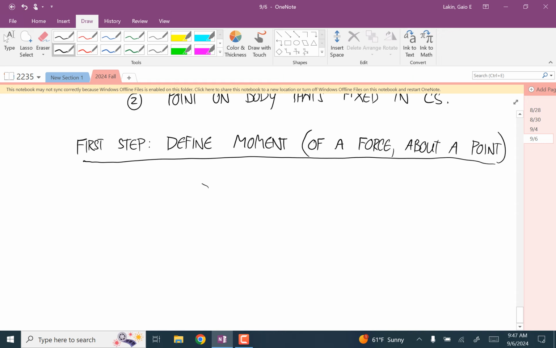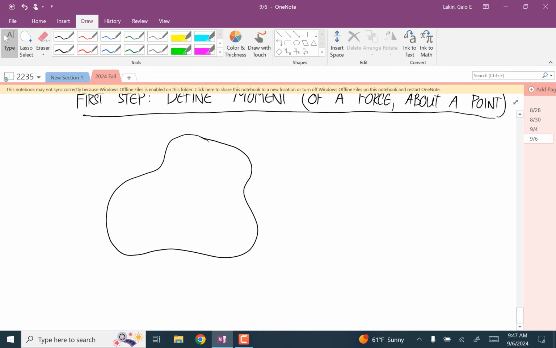Okay, so let's think of a general body. And let's say that our about point is A. So A is the coordinates of that point. It's also a vector that goes from the origin to the point. And we have a force applied somewhere else.